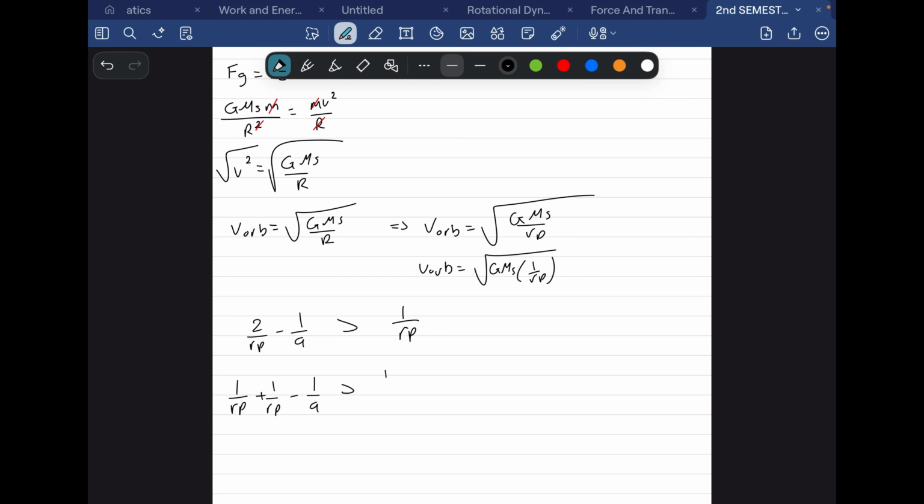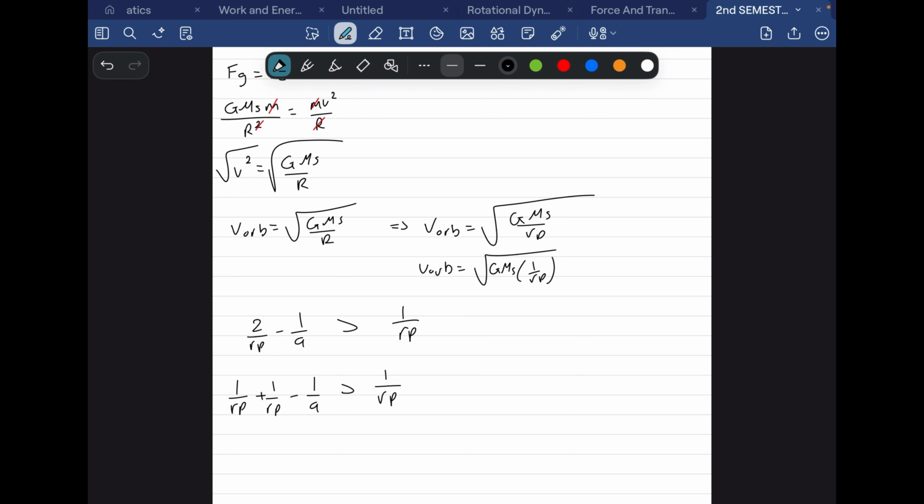But then we know that 1 over r_P should be greater than 1 over the semi-major axis, right? Because the distance of the perigee is not even halfway of the semi-major axis.